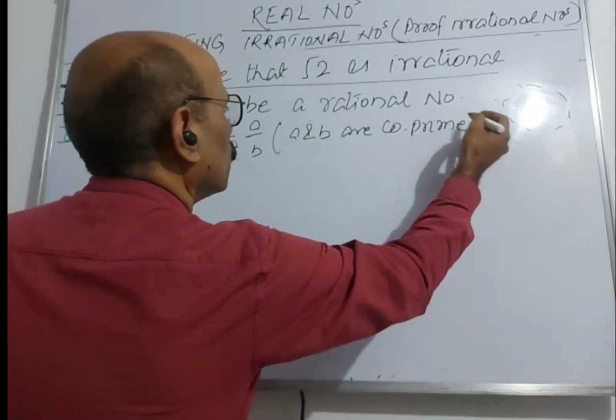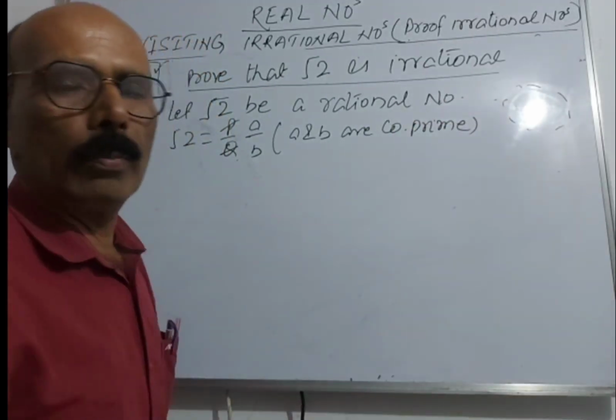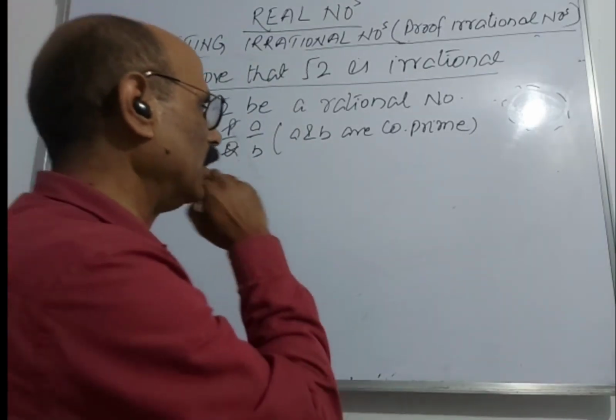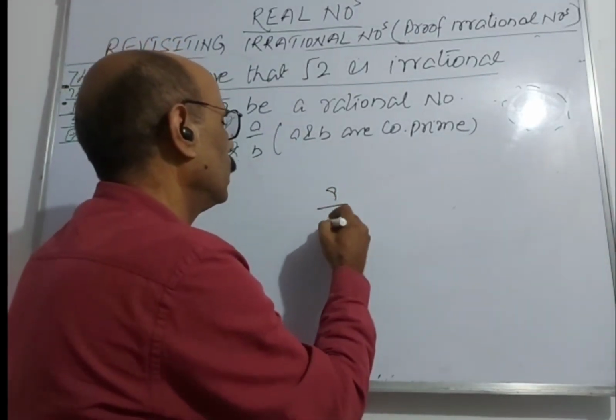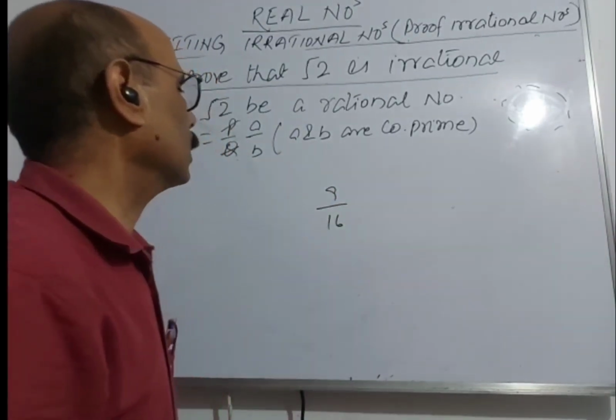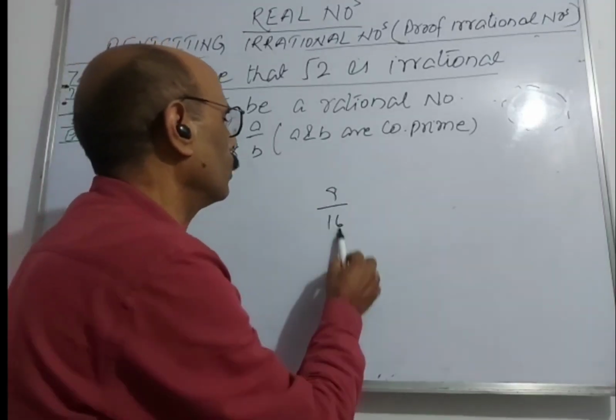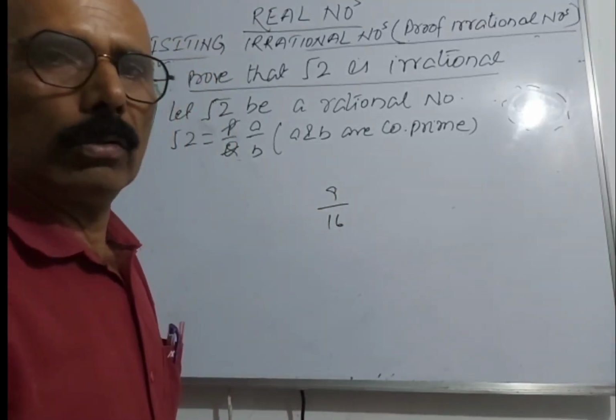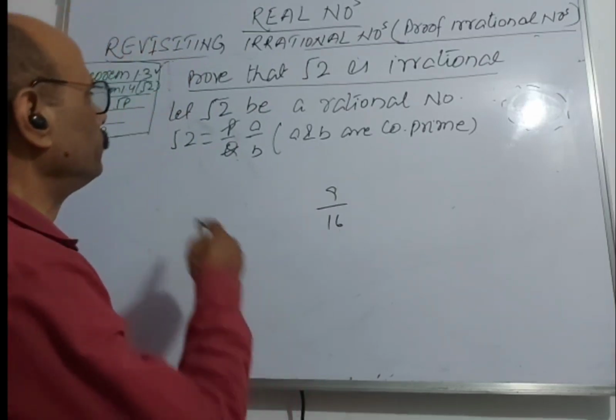I think you are aware of co-prime. Co-prime means any number like 9 by 16, with no common factor.